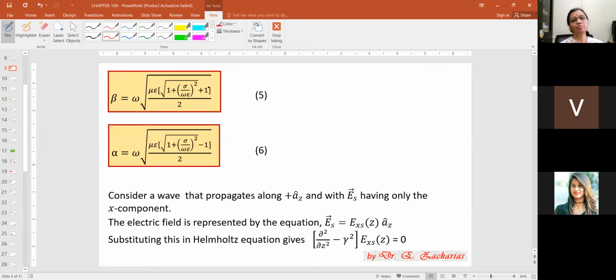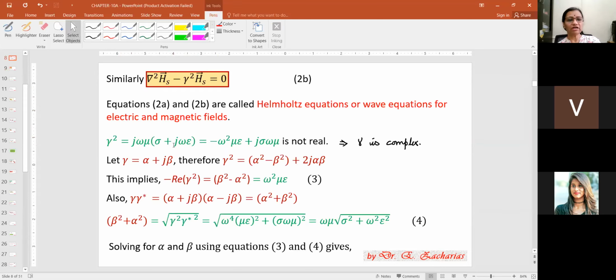Or this +1, -1, all this will simply disappear. They become insignificant. And if these start disappearing, then alpha and beta will become equal.